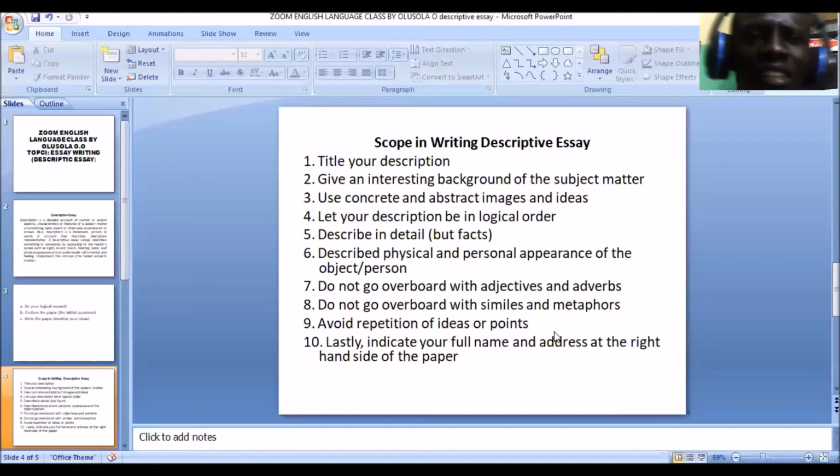Now, the condition for title is this. If you capitalize all the letters in your title, that is all the words in your title, then you don't need to underline your title.